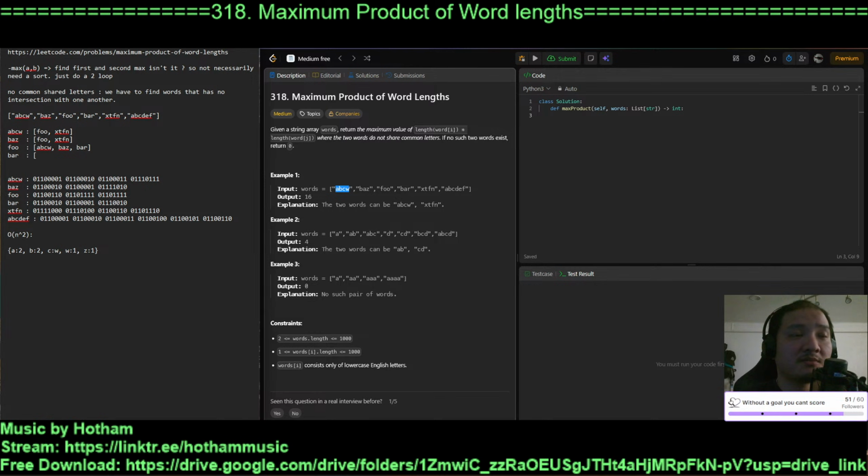And we should have a pointer to basically two because of ABCW and BAZ. B is two because of ABCW and BAZ.